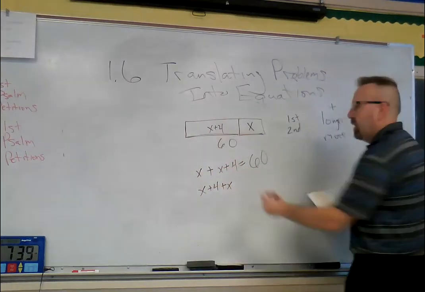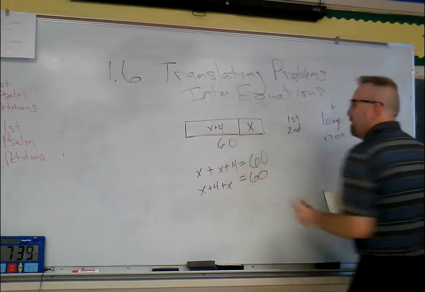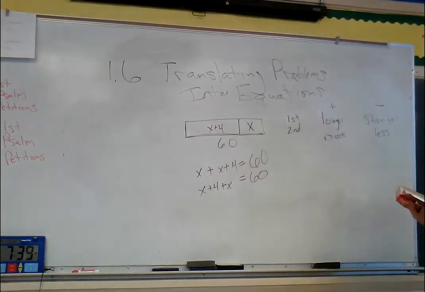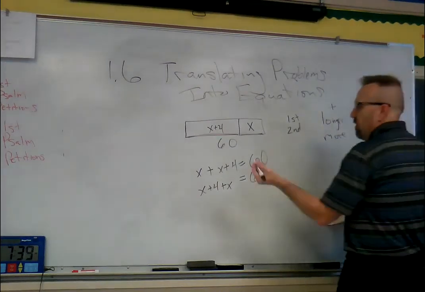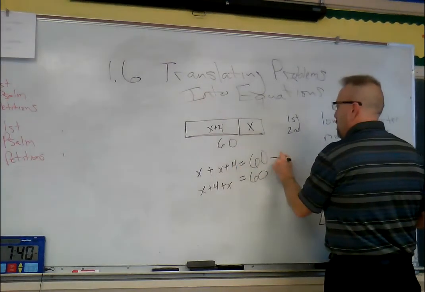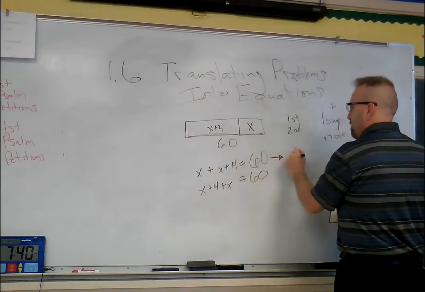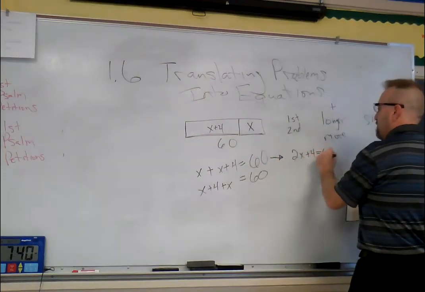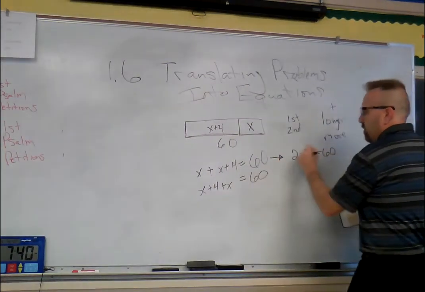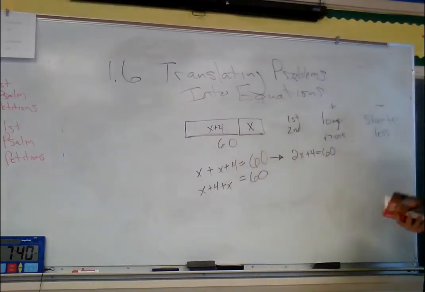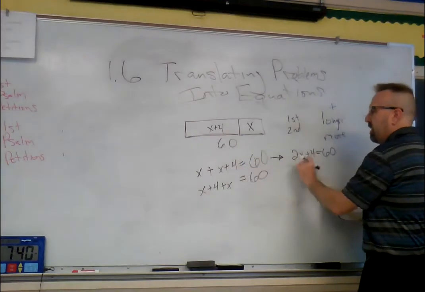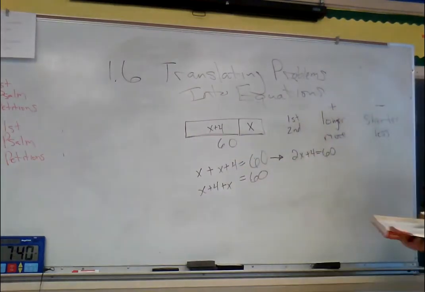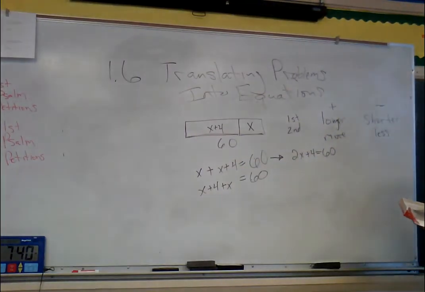No, because addition is commutative, which means we can change the order. So again, from here, tomorrow we can go to solve it. So you've got 2x plus 4 equals 60. So for all three of these, if you put it this way and don't see that answer in the back of the book, check and see if they combined the two variables. That might be your only issue.